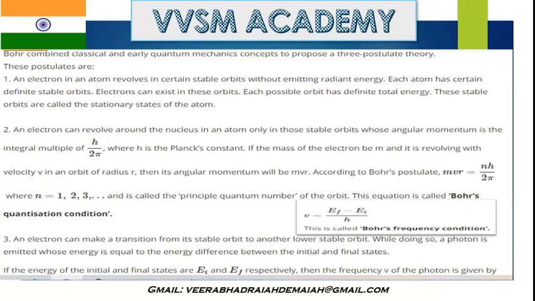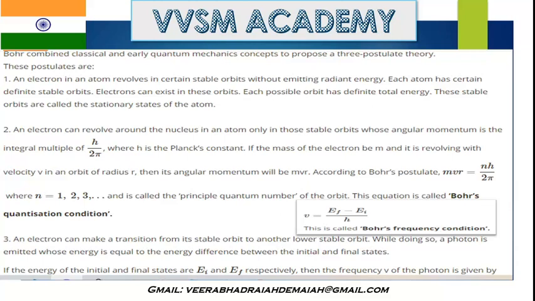This equation is called Bohr quantization condition. Next is the Bohr's frequency condition. An electron can make a transition from its stable orbit to another lower stable orbit.